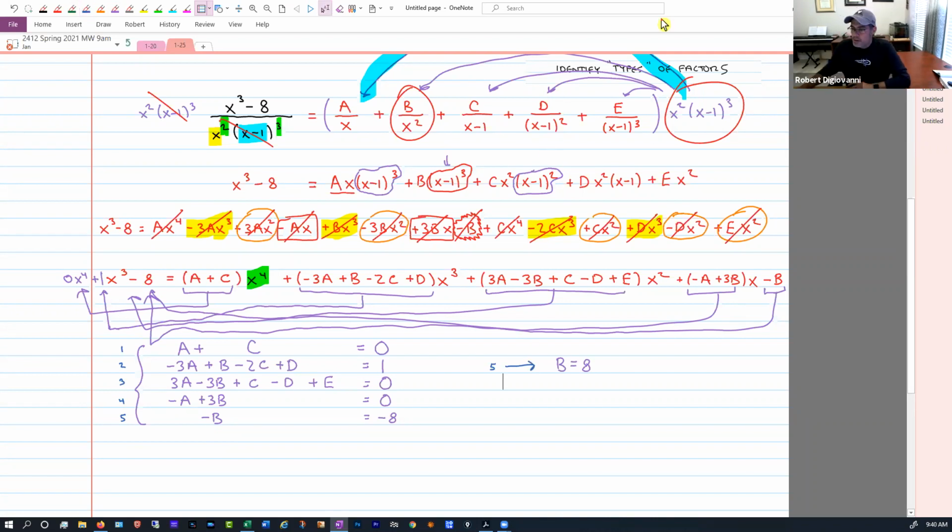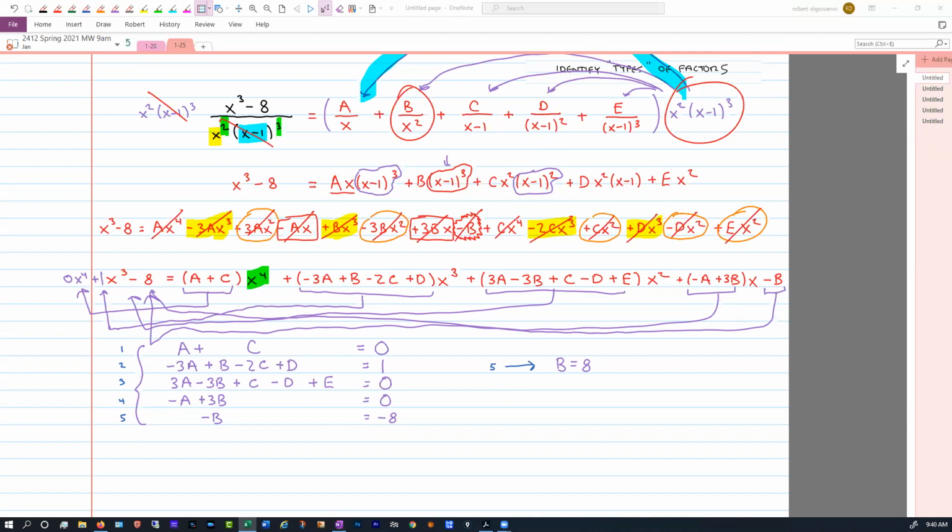Okay, Sierra, you there? Yes. Okay, Sierra, what equation can I use now to get another letter? Remember, we know what B is, right? Which equation can we use with that information? I would say the fourth one. The fourth one, yeah.